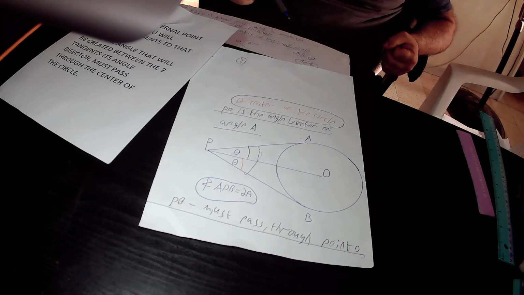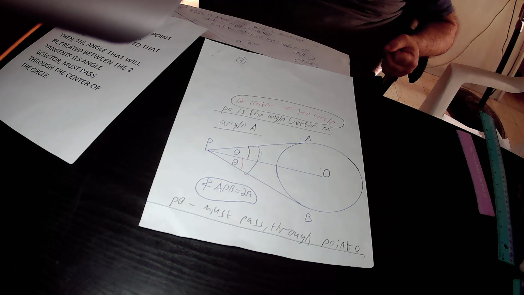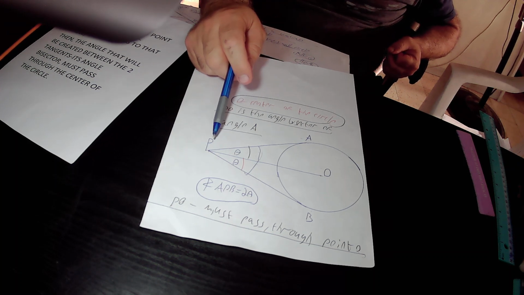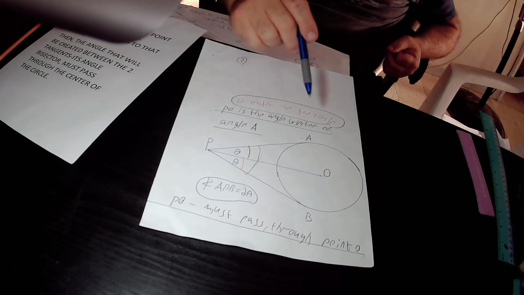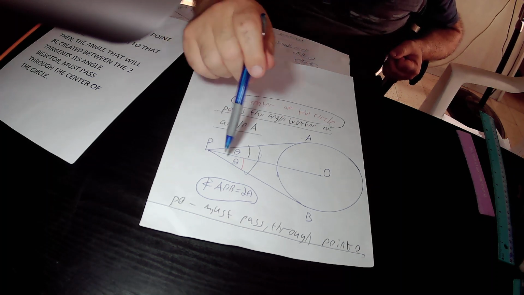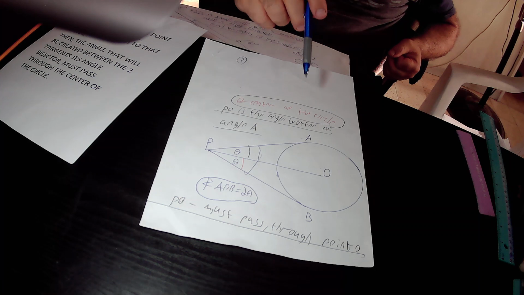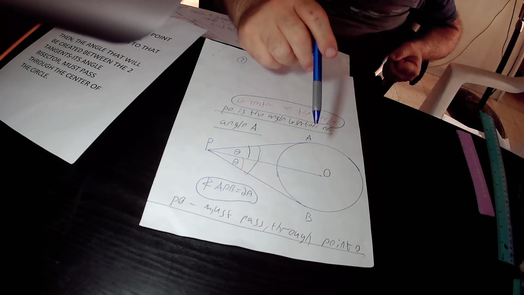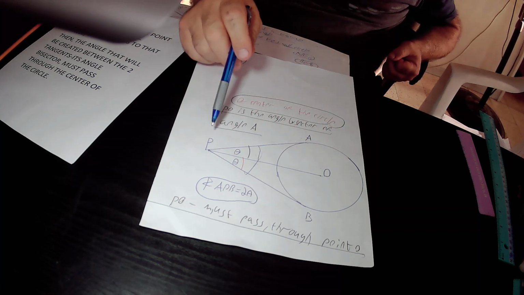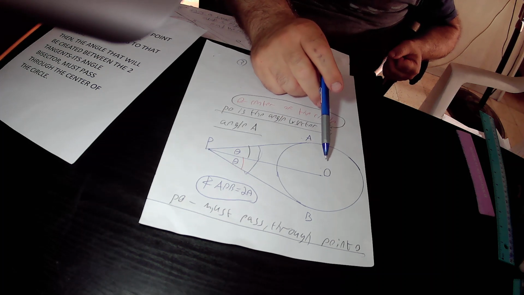Again, whenever you draw two tangents from a common external point to a circle, you create angle APB. The angle bisector of this angle APB, that is OP, must pass through point O, that is the center of this circle.